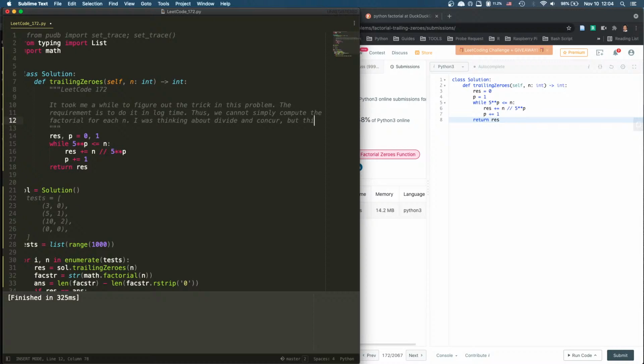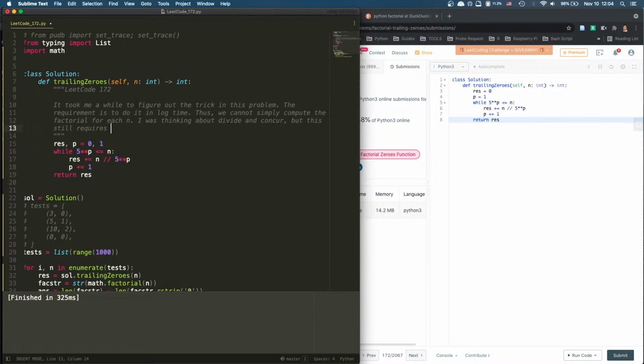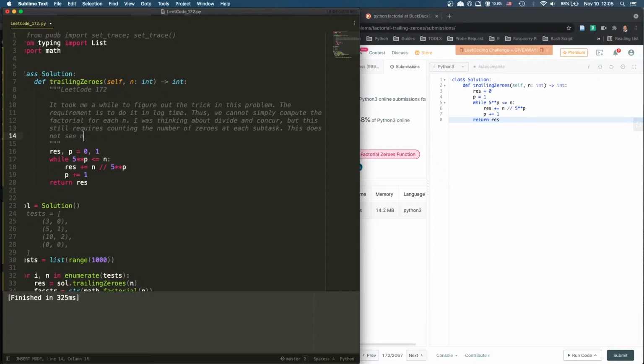But this still requires counting the number of zeros at each subtask. So that does not seem to simplify the problem much.